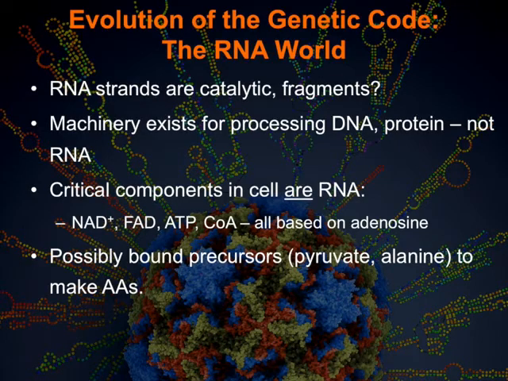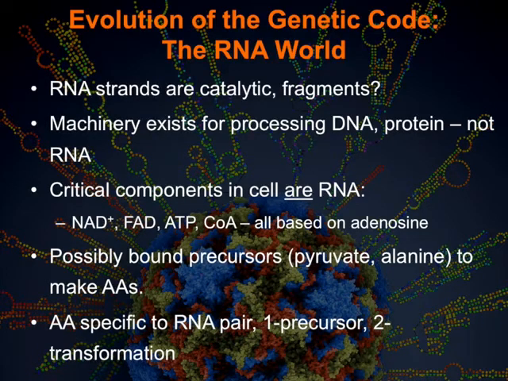What if these bound? Maybe the binding was specific to which two ribonucleotides you had bound together. And so it's possible here that we see why one of the RNAs might have dictated which precursor would have been bound, and why another ribonucleotide might have dictated what would happen to that precursor. And so now we start to see how these little fragments might have been the basis for a code.